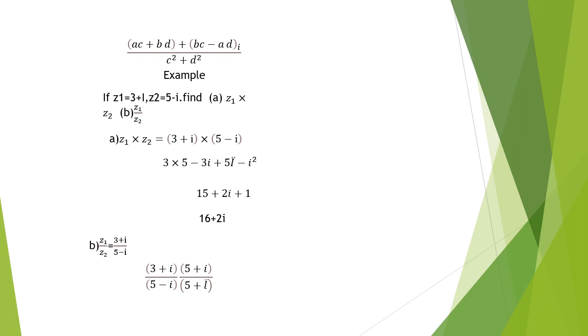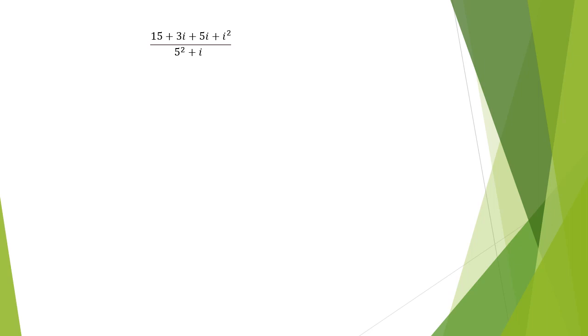Now let's open the bracket, and we get 15 plus 3i plus 5i plus i squared over 5 squared plus i squared. And remember, where there is i squared, you put negative 1. And now we find 15 plus 8i minus 1 over 26.